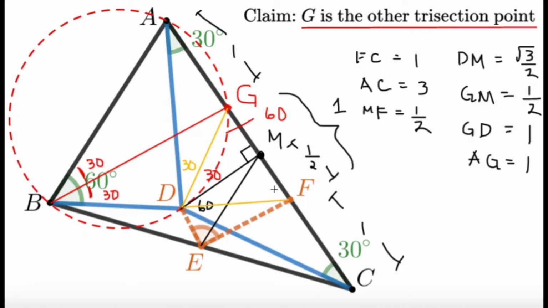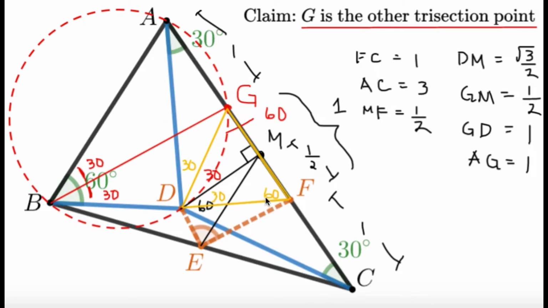All the angles that we got are going to apply. So 60 degrees here, 60 degrees here, and this must be 30 degrees as well. Interestingly, we can find that triangle DGF is going to be an equilateral triangle. More on this in a while. We have to make some further claims to help us here. But there we go. We found that G is the other trisection point.